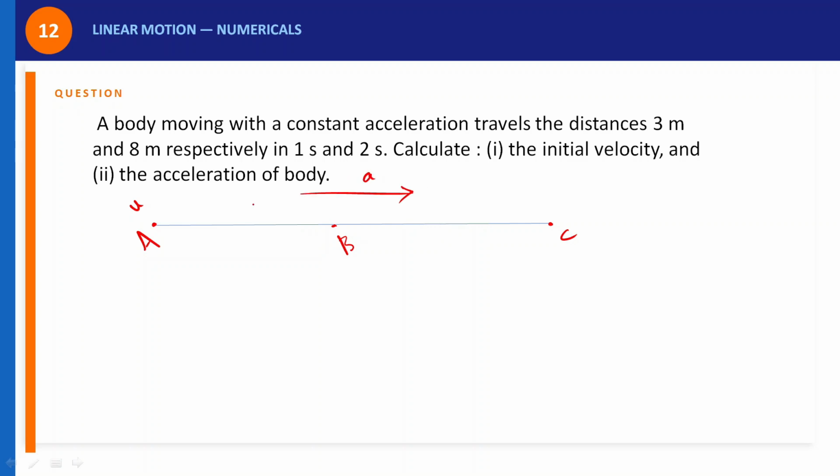A to B has taken the time of 1 second. How much distance does it cover? 3 meters. A to C, what is the time it has taken? 2 seconds. What is the distance from A to C? 8 meters.